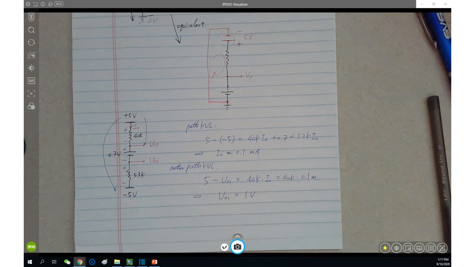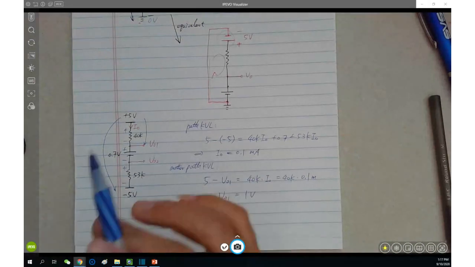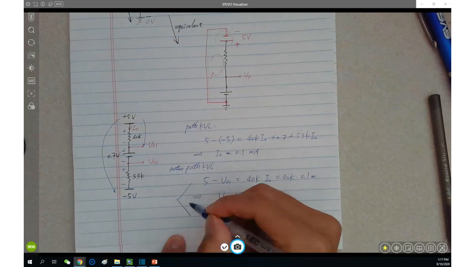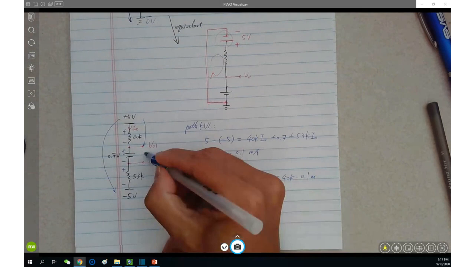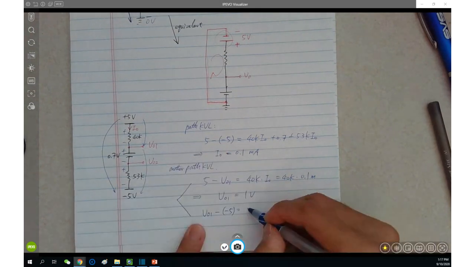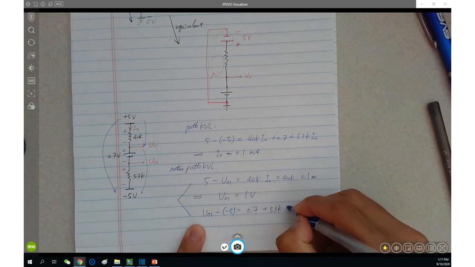Does it make sense? Feel free to use another pass, like from V naught 1 down to the negative 5 volts. That's absolutely fine. That way, V naught 1 minus negative 5 equals what? 27 volts plus 53K times I naught.